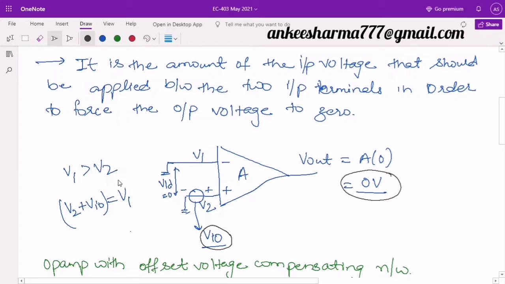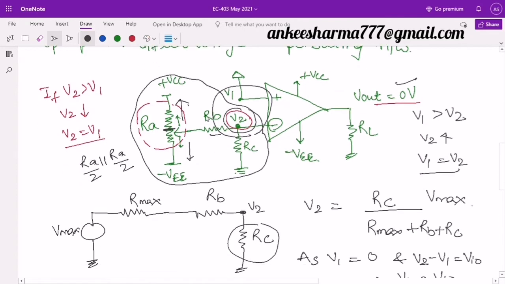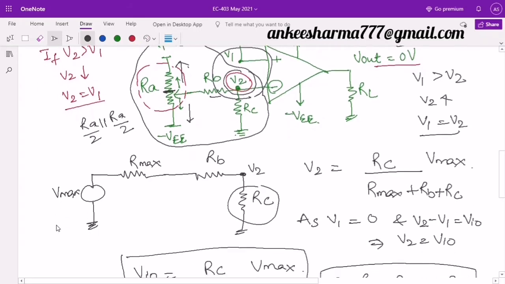So we have to compensate it. In a few op-amps like 741, we have already installed compensatory circuits, but if we don't have them, we can use a circuit like this in which we connect our V2 voltage with a resistor RB and through our potentiometer with the RA, which can be reduced through this Thevenin equivalent circuit.